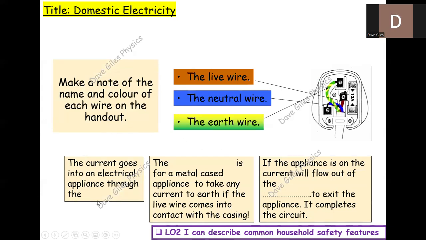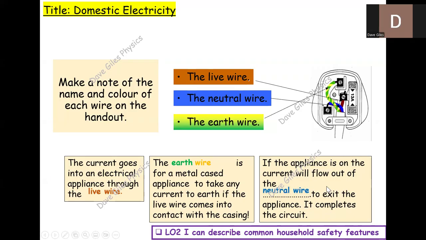Okay, so as a quick recap, the current goes to an electrical appliance through the live wire. The earth wires for metal cased appliances take away any current to the earth if the live wire comes into contact with the casing. If the appliance is on, the current will flow out of the neutral wire to exit the appliance.